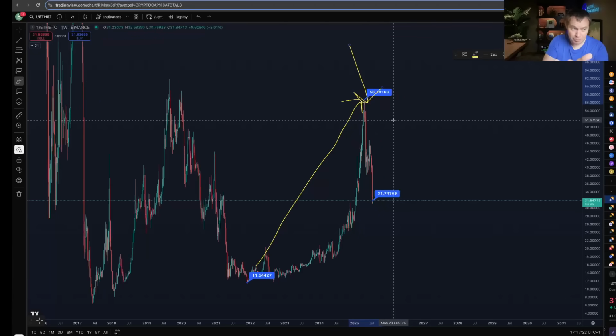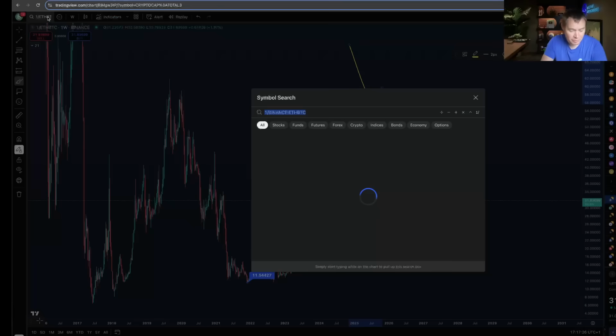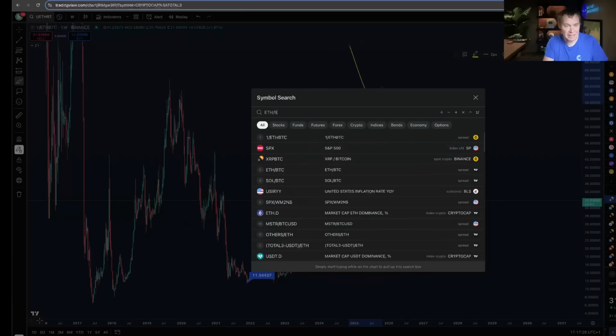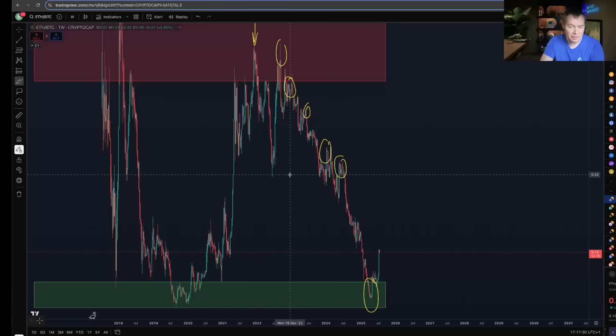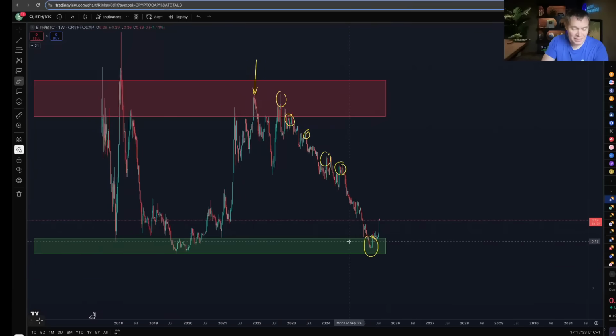I keep bull posting about ETH Bitcoin. I'm not saying it's not going to ever come back down. It almost certainly will. My point is that this to me still looks constructive, and that looks like the low to me for the cycle. Doesn't mean it can't come down again, right?